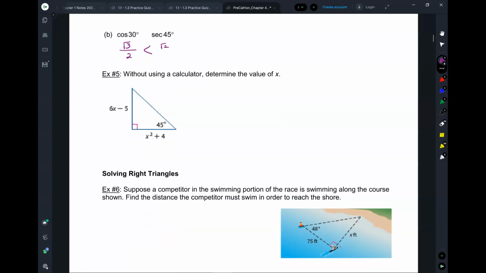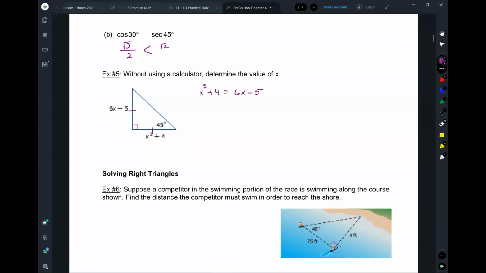Okay, so this is where that chart I was telling you about will not help you, because here we have a 45, 45, 90 triangle, and we have to know the comparison of the sides, right? If you have a 45, 45, 90, how do those two sides compare? They're equal to each other, so in this case, I can just say x squared plus 4 equals 6x minus 5, and then solve.